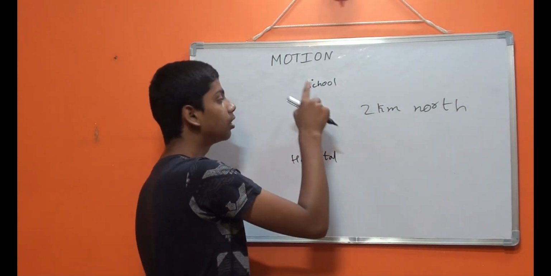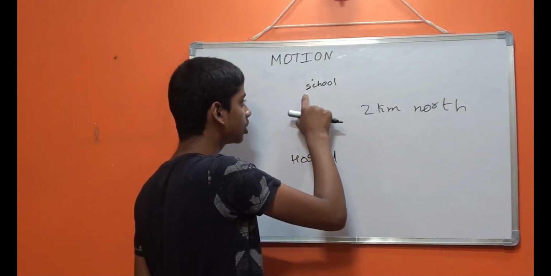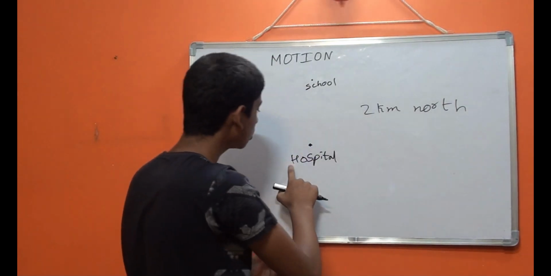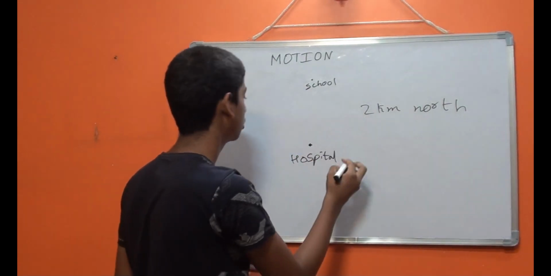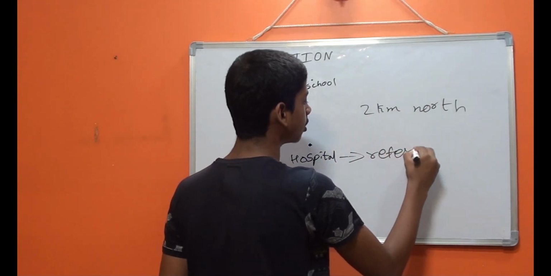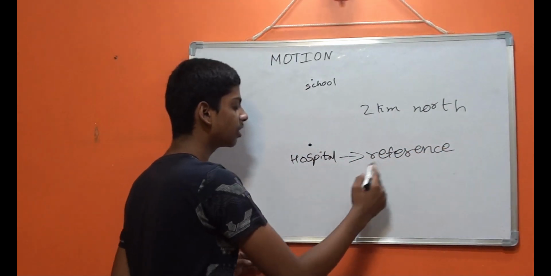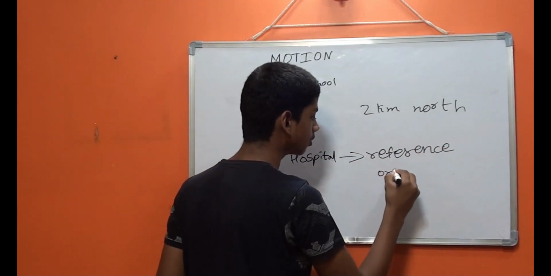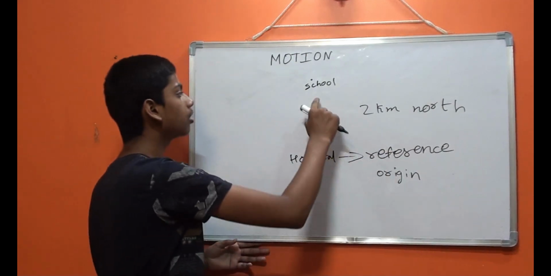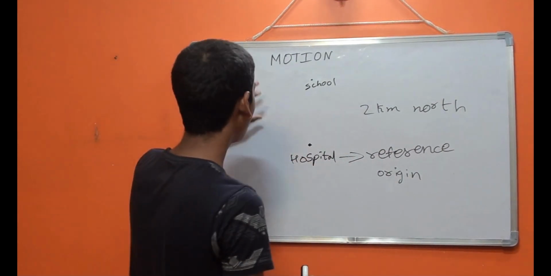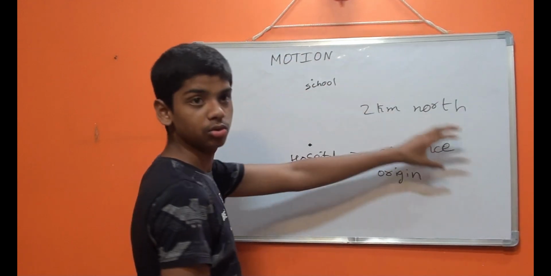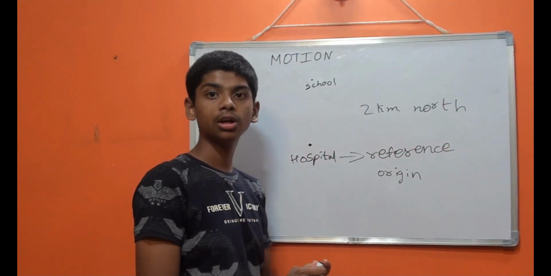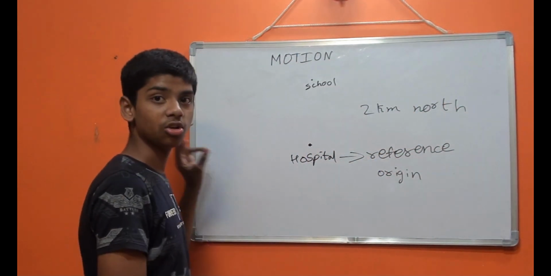Here, to find the location of the school, we are using the hospital as a reference point. This reference point we can call the origin. From this origin point we are knowing the location of the school. Similarly, let's see in the case of motion.